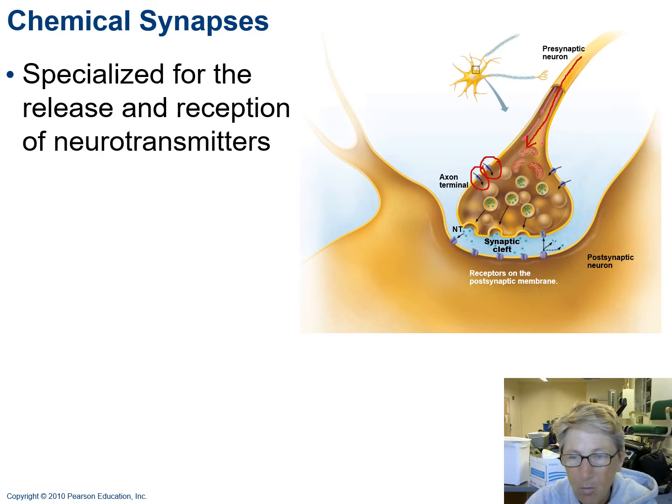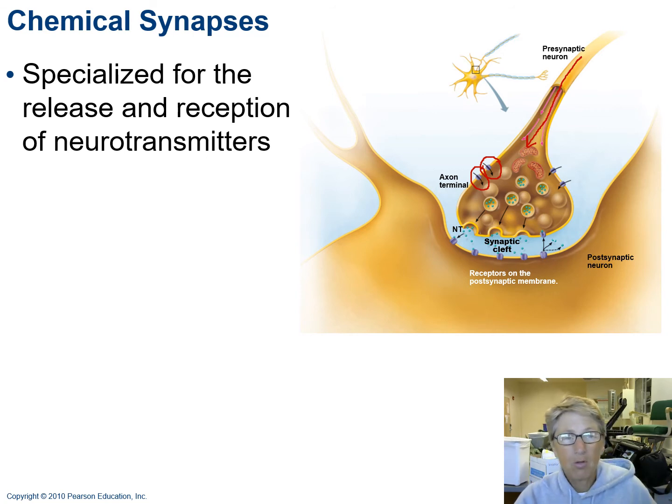When they sense the voltage change because of the action potential, then calcium will rush in, biochemistry happens, the neurotransmitter is released from the axon terminal, goes into the synaptic cleft, and it looks for a place to bind, a neurotransmitter binding site on the receptors of the postsynaptic membrane.